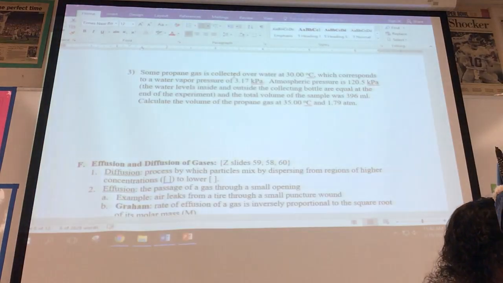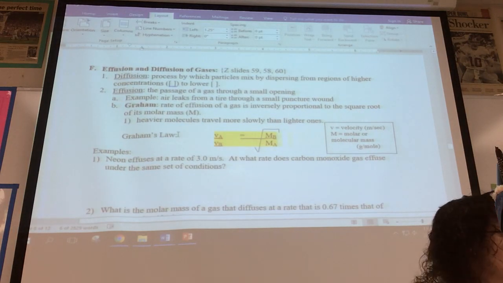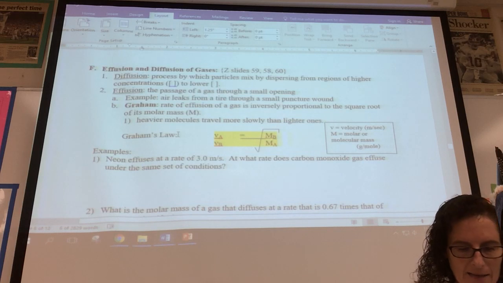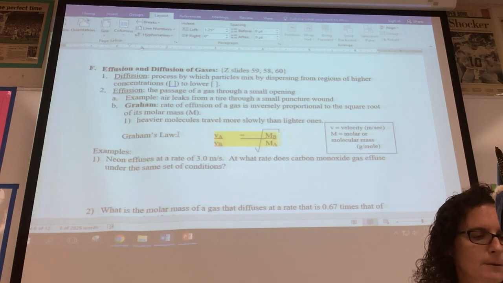All right, another concept we want to talk about today dealing with gases is effusion and diffusion. Diffusion, I would think that you saw a little bit of in honors bio.